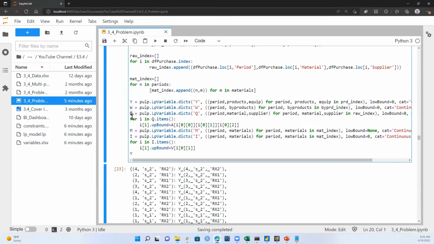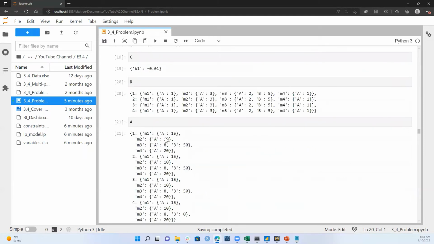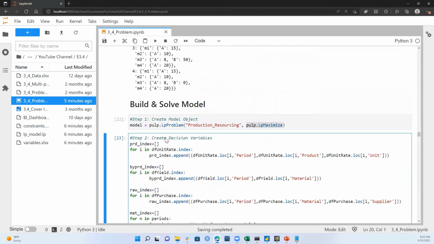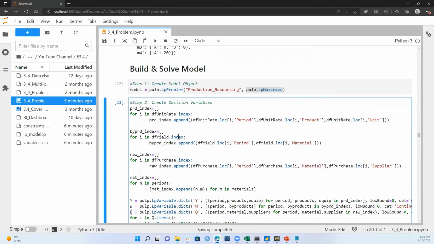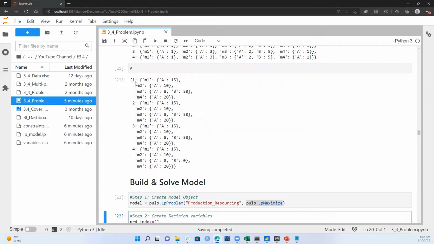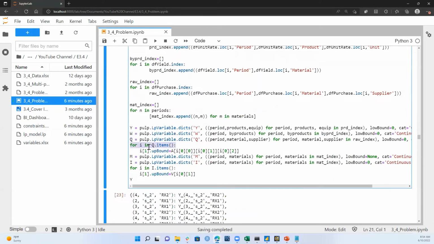And then for each of these, we're going to go ahead and update the upper bound. So as you recall, we have this dictionary up here, A. And so what we want to do is loop through each of these decision variables and use the NJS subscripts to key the dictionary for period, material, and supplier, and add these material availability upper bounds to the decision variable. And so we do that for each Q.items.